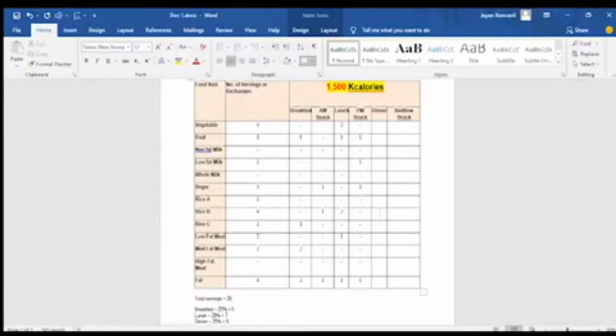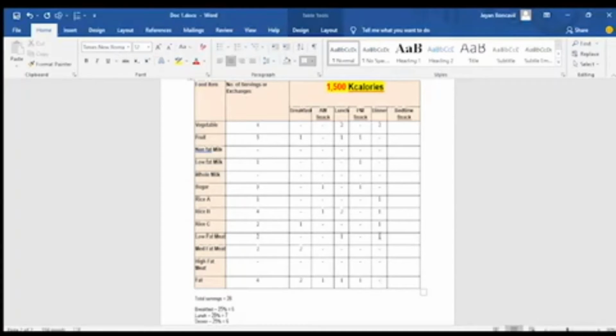Then we have dinner. Two exchanges of vegetable, 0 exchanges of fruit, 0 non-fat milk, 0 low-fat, whole milk 0, sugar 0, rice A 1, rice B 1, rice C 1, low-fat meat 1, then mid-fat meat 0, high-fat meat 0, then lastly for fat 0.